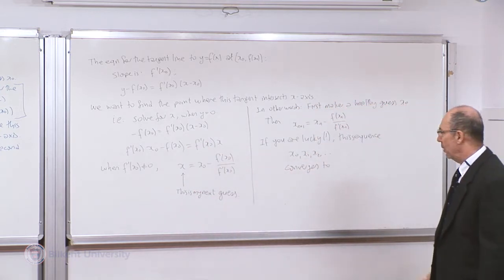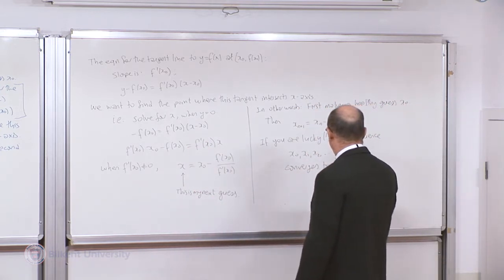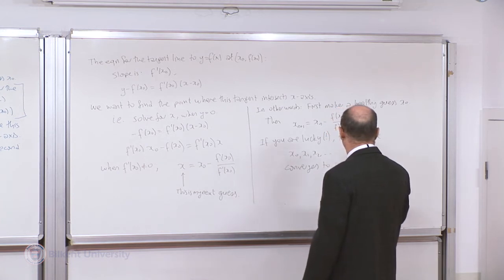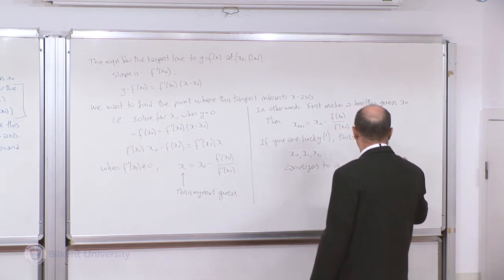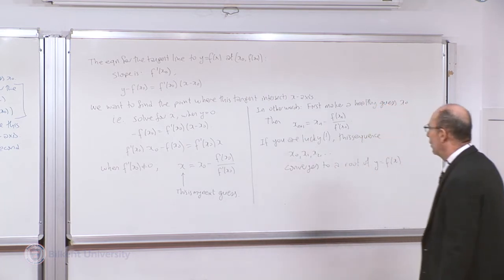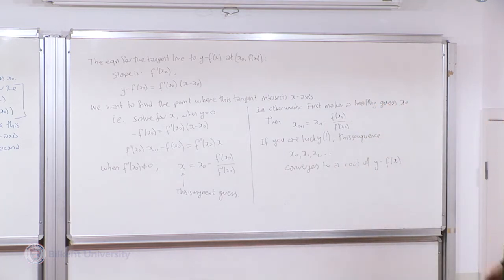We don't know which root of y equals f of x it converges to. Of course, you can stop somewhere when you feel confident that it approximates the root quite well.